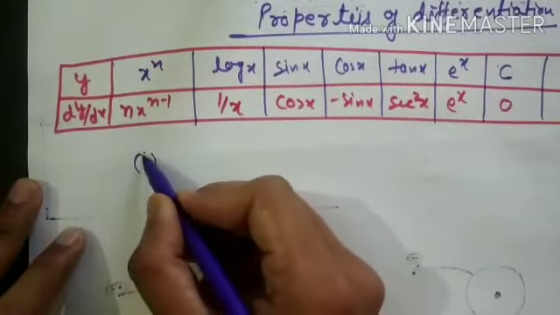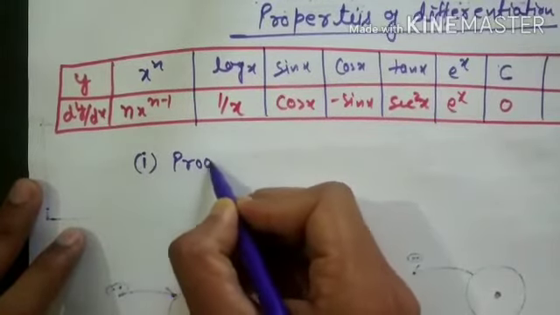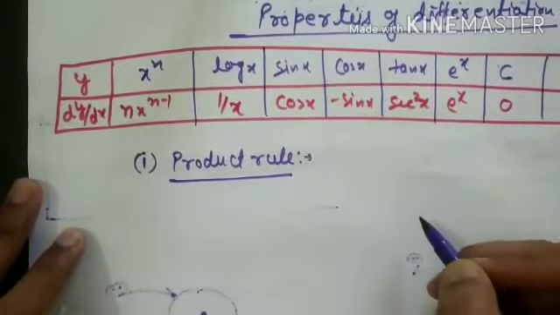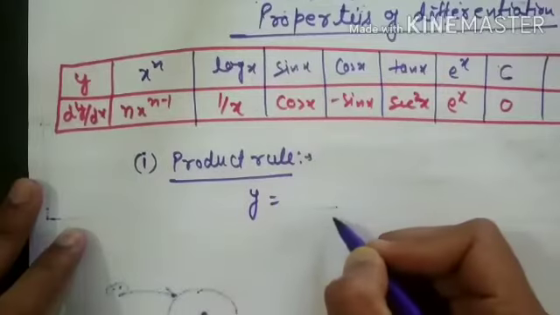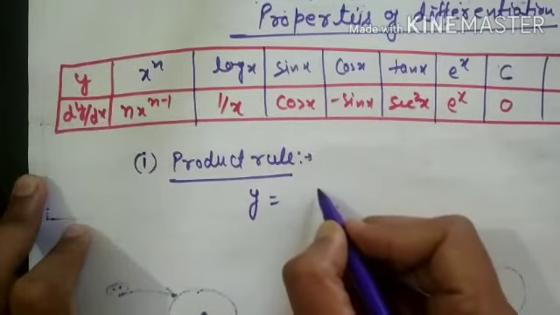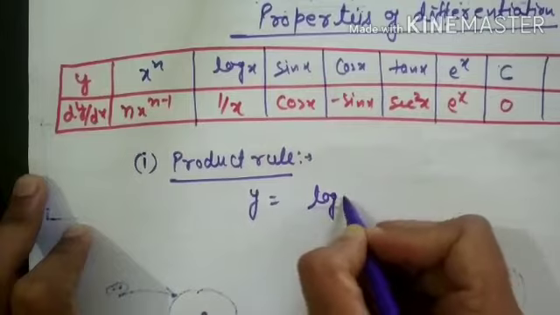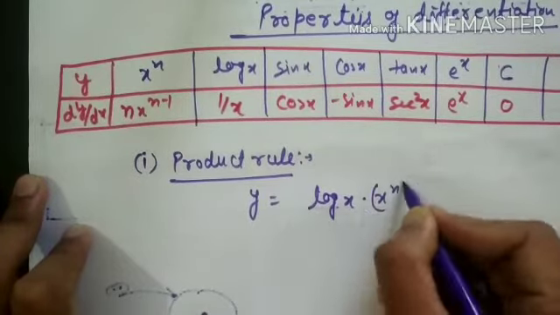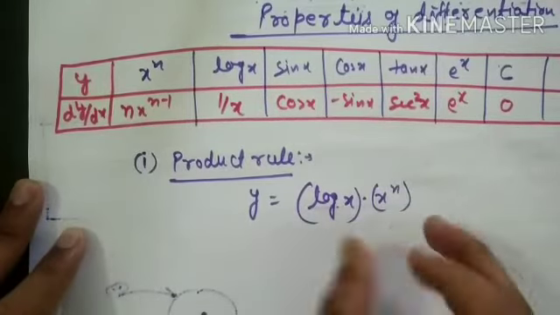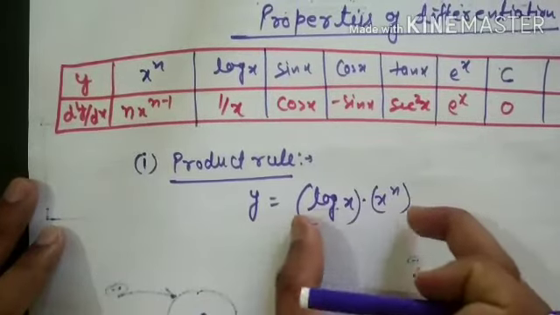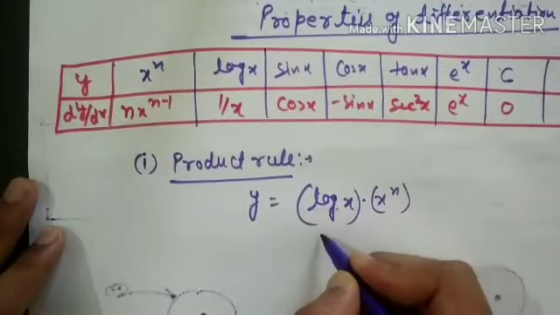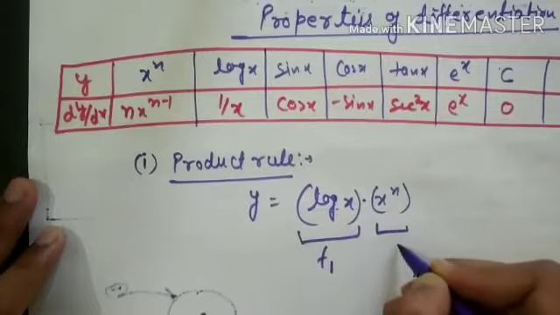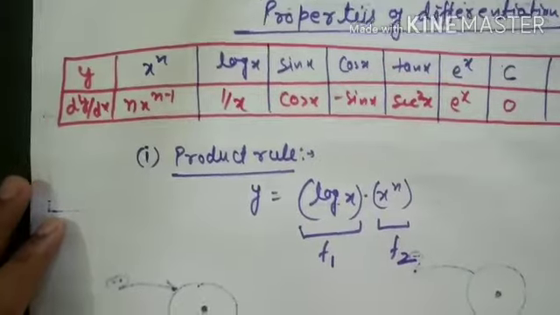So first property is the product rule. Let's consider we have a function y is equal to log x into x to the power n. You can see here we have a complex function. How to differentiate the product of two functions? You can consider this term as function 1, and this term as function 2.